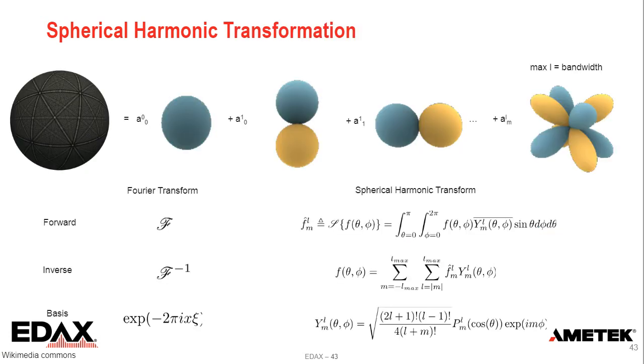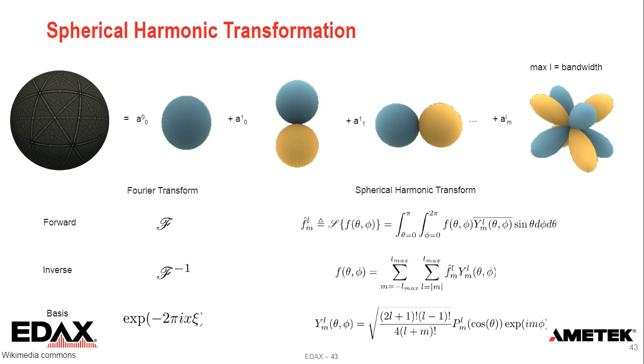And just like you can use sines and cosines to do a Fourier transform, you can use these spherical harmonics to do a spherical harmonic transform. The math is significantly more complex, but conceptually identical.